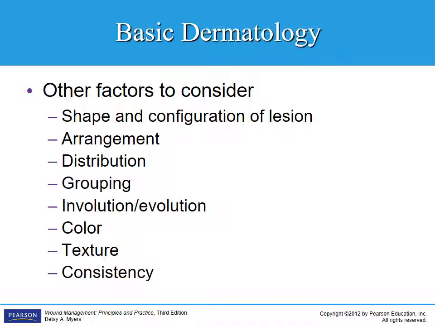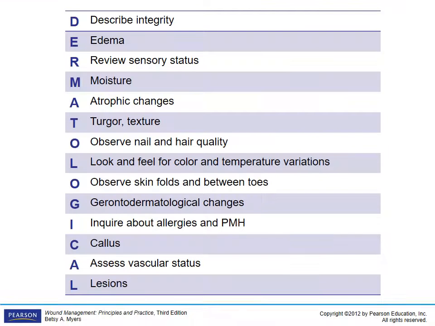Ask the patient about anything you can think of about how it started or how it's progressed. The color, the texture, the consistency. These are all things that need to be considered. So here's a little mnemonic that will give some ideas of how to assess any dermatological eruptions.